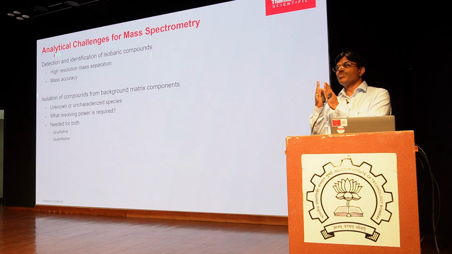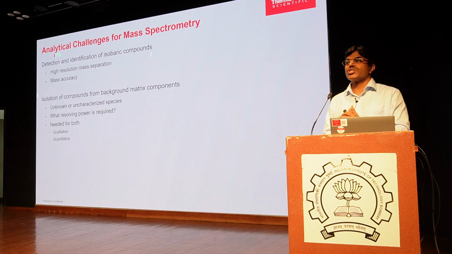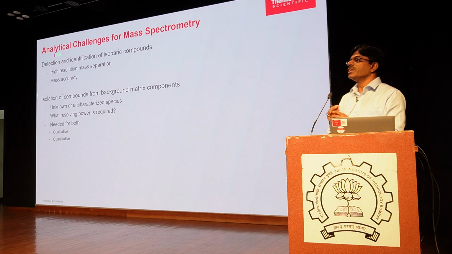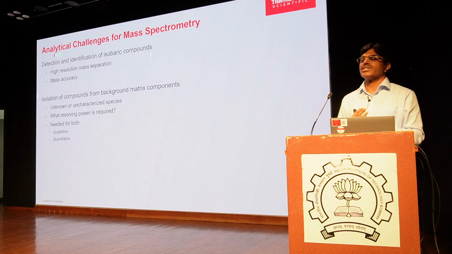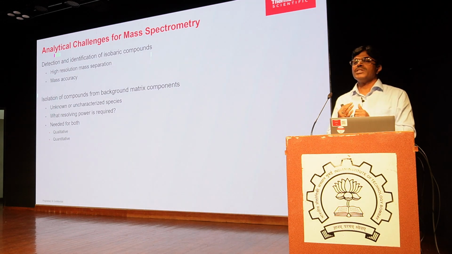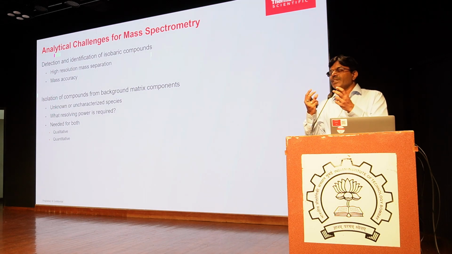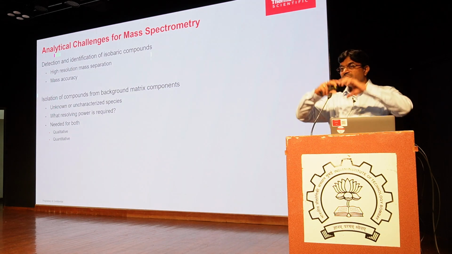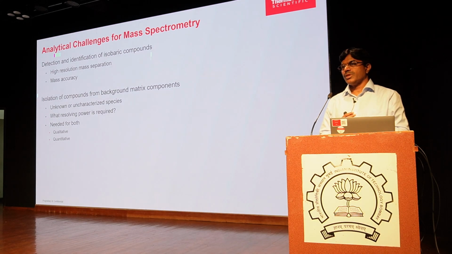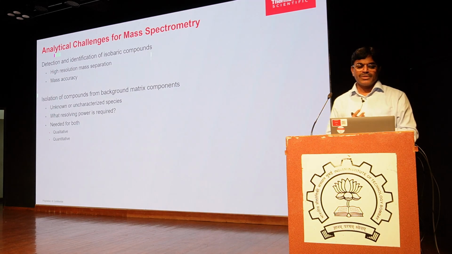It will identify both components as 182. Such close molecules are not resolved in a nominal, low resolution, or quadrupole-based instrument, so we require something more. Sometimes different molecules may have a similar elemental composition, but structurally they may be different. When you are going for nominal, integer masses, it's very difficult to separate them. That's one of the biggest problems we face.